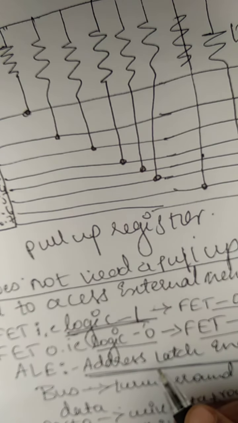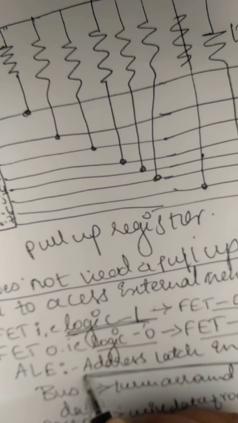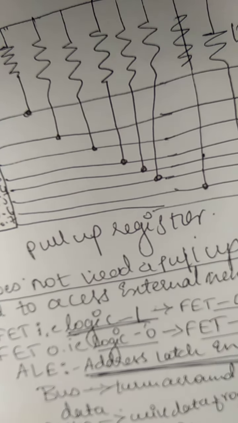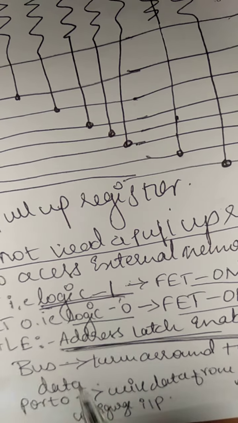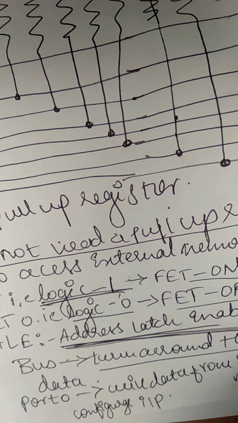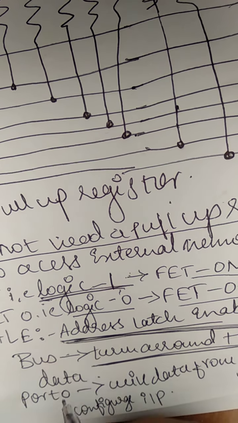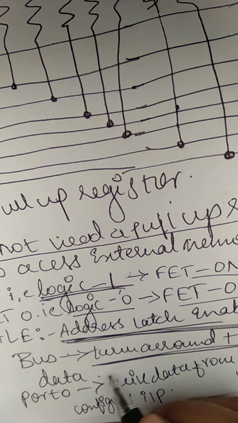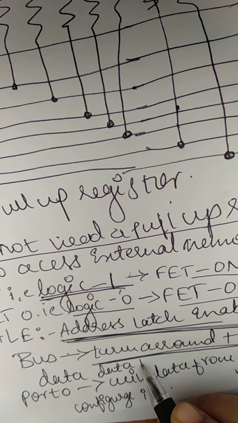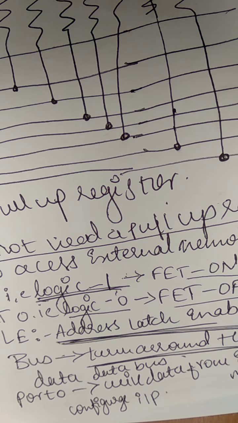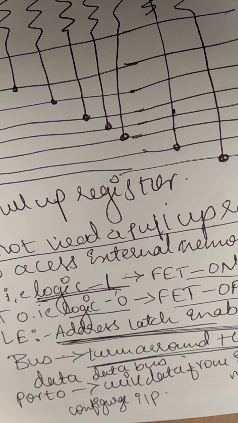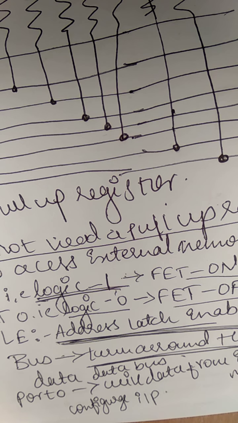It comes in contact with the external circuit through address latch enable, that is ALE. Then whatever bus is connected to port 0 will turn around as the data bus. When it turns to the data bus, it will access the external memory.